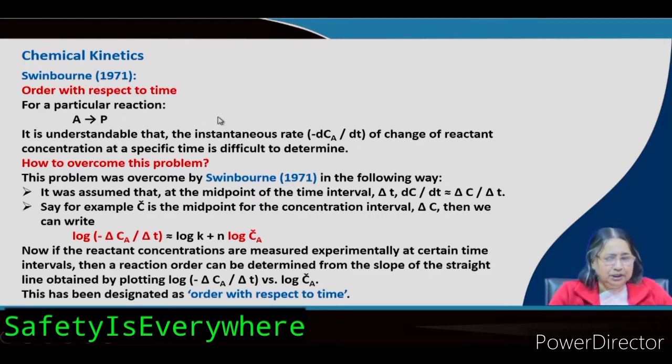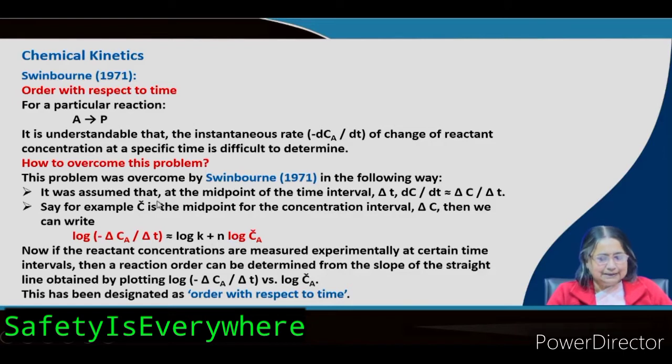Swinburne, in 1971, developed two different methods. One is the order with respect to time, and the other is the order with respect to concentration. By these two methods the order can be determined easily.